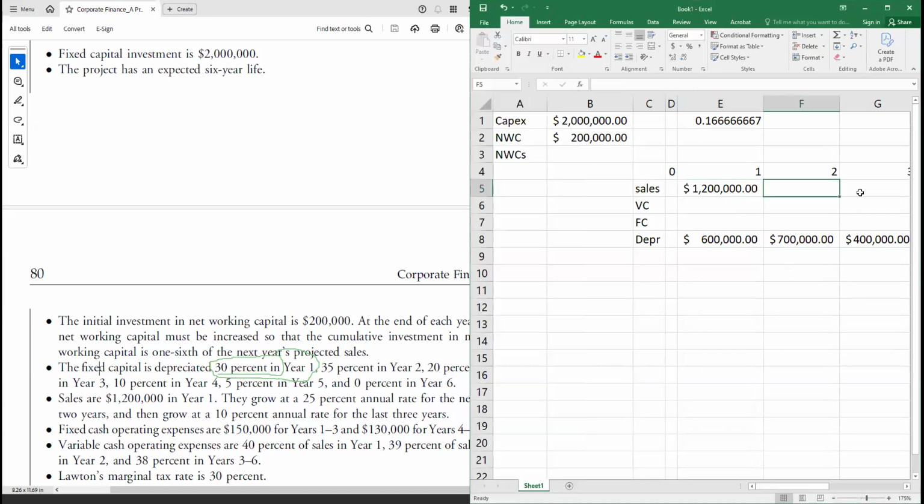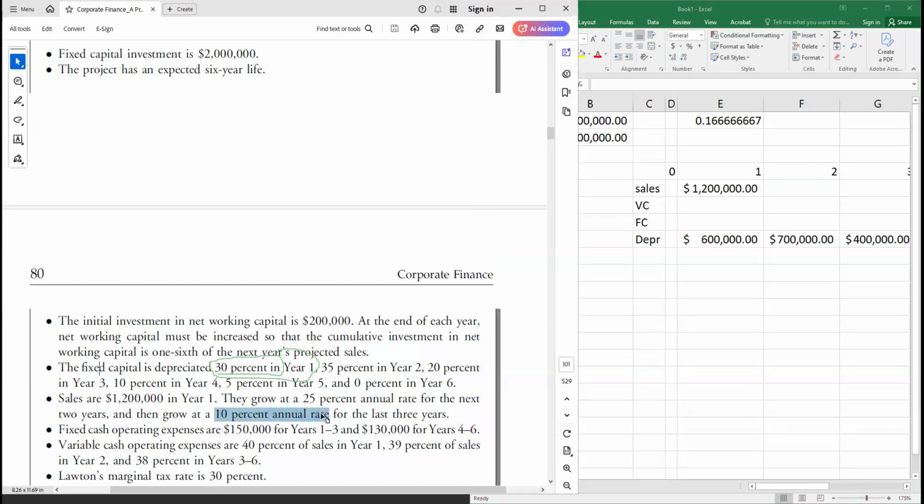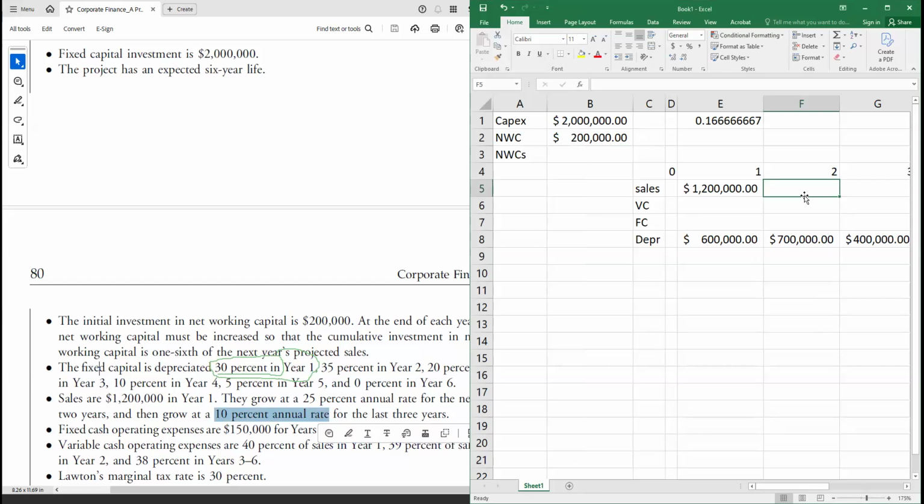Like second and third year, it will grow by 25%. And for the last 3 years, it will grow by 10%. So, no, 4, 5, 6. 4, 5, 6.